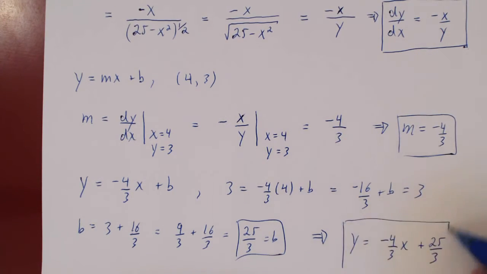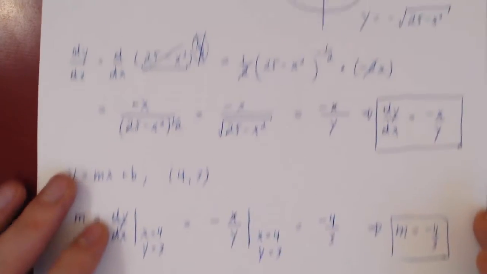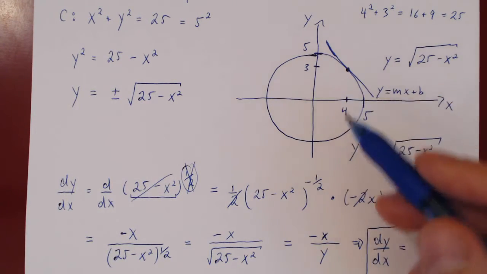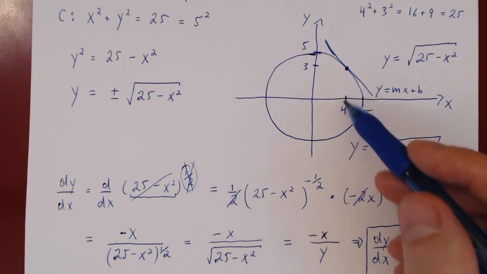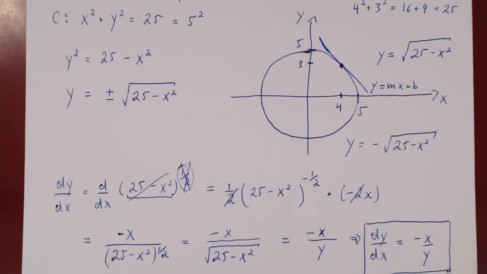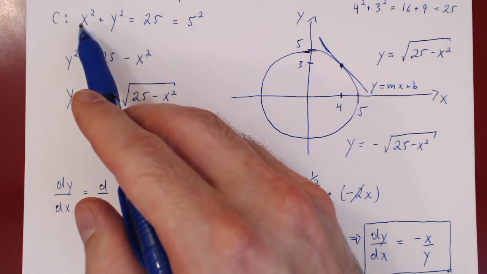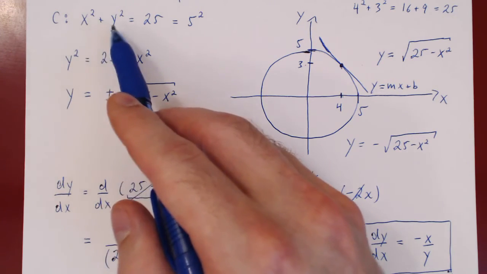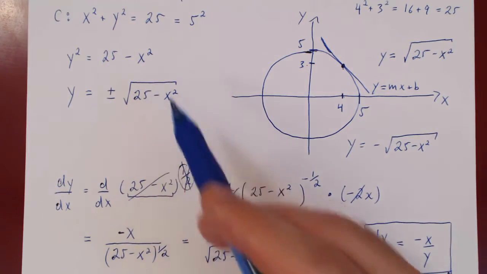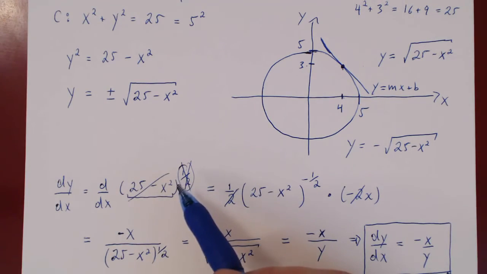And we have the equation of the tangent line to the curve that is a circle of radius 5, centered at the origin, at the point x equals 4, y equals 3. There is a problem here, and the problem is we cheated. It was a lucky example where even though on the surface we weren't given y equals f of x, we were able to find it and then find the derivative the old-fashioned way.